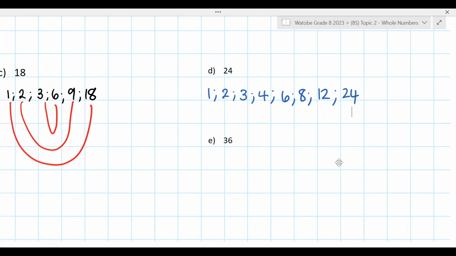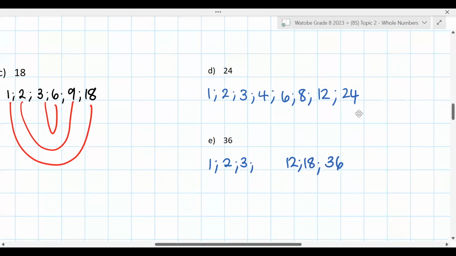Okay, so we've got 36 still to do. Monde, do you want to try 36? Okay, for 36, I got 1 times 36. 3 times 12. And 2 times 18. Okay, perfect. So that's definitely some of our factors. Monde, can you think of any other ones?